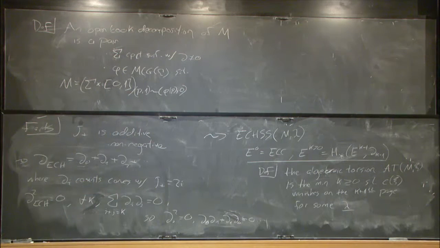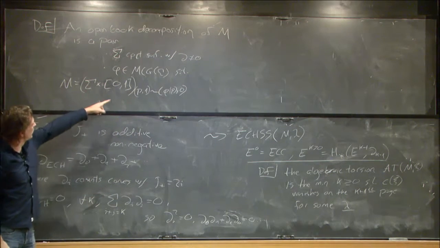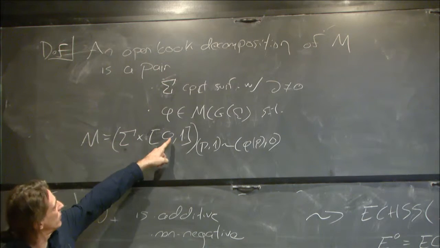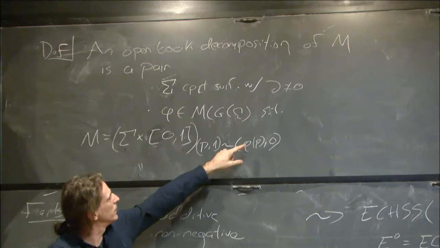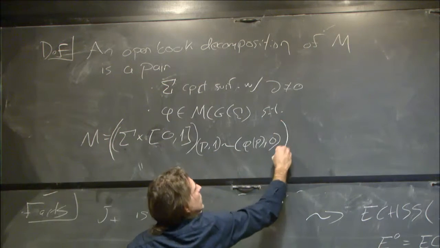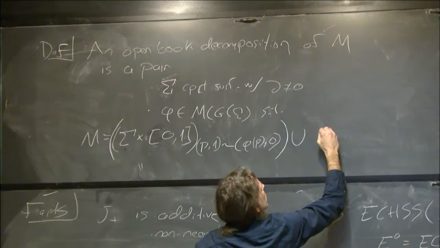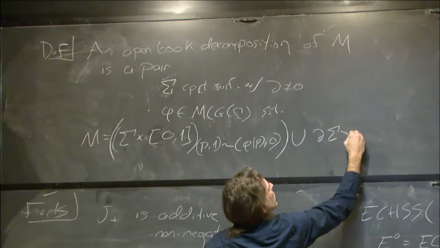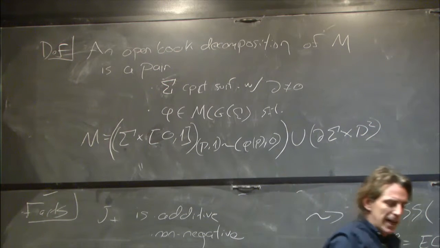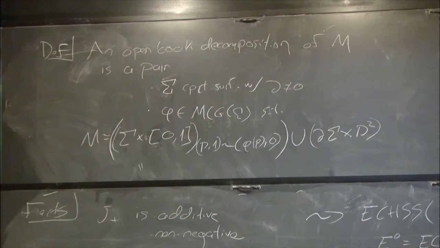So the mapping torus has, on the boundary, just the boundary of sigma cross the circle, right? Because phi is the identity near the boundary, so we can close it off by pasting in the boundary surface cross D2, alternately just collapsing each of those circles. So decomposition of M in this way is an open book decomposition.